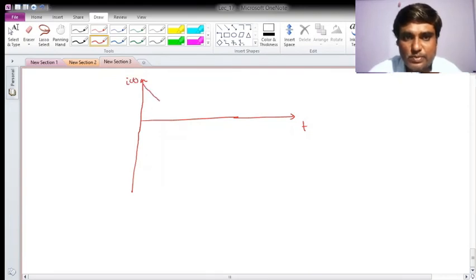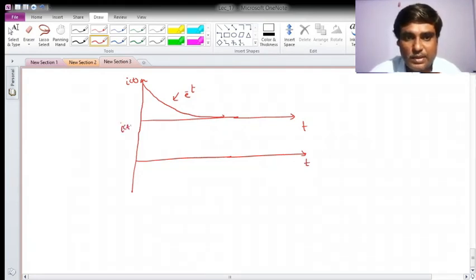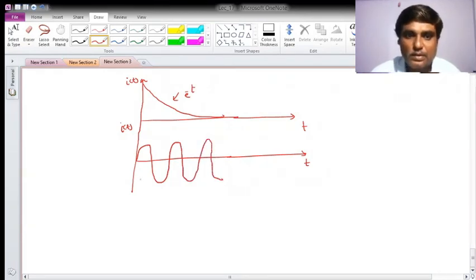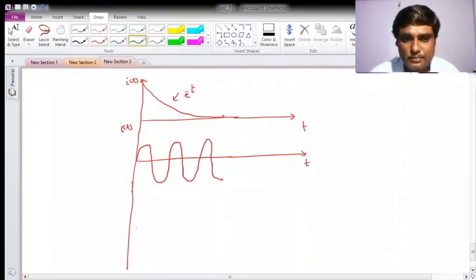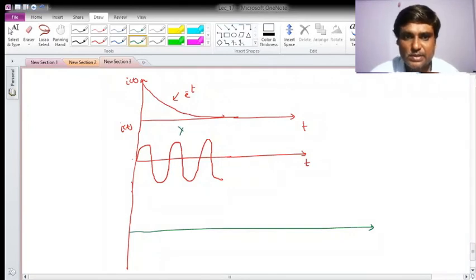The first part is the exponentially decreasing function, this is e raised to minus t, and the second part is your sine function, like this. And now if I multiply this and this, what is the resultant multiplication?